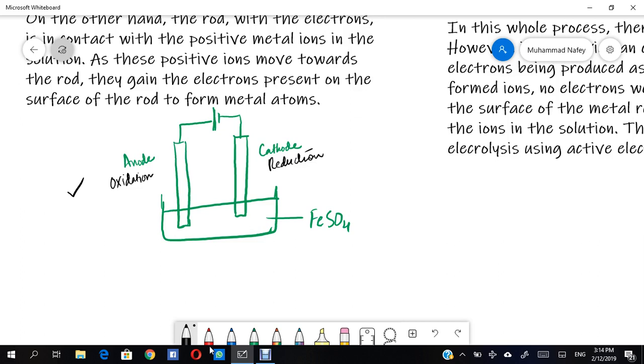Now let's see. Here we have iron atoms which make up this rod, and in the solution we have iron ions.